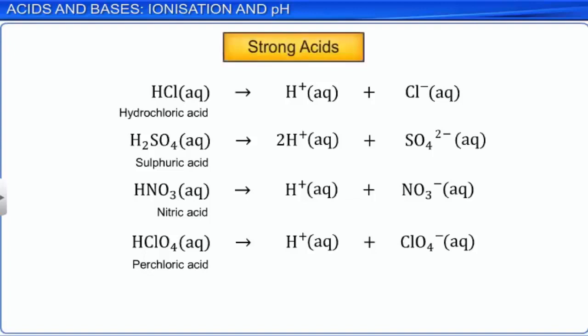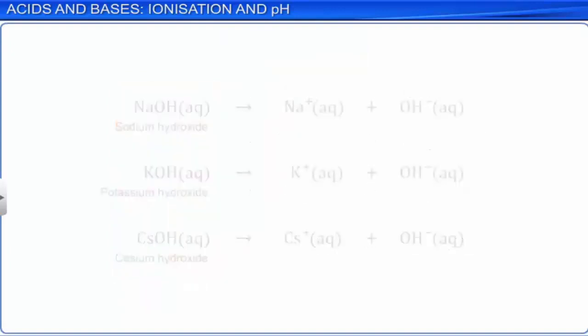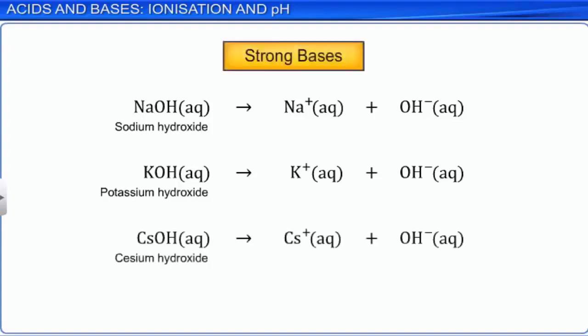These acids act as proton donors. Similarly, bases such as sodium hydroxide, potassium hydroxide and cesium hydroxide are also called strong bases as they undergo complete dissociation in an aqueous medium, furnishing OH- ions.